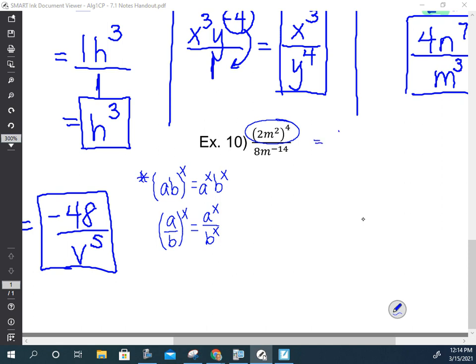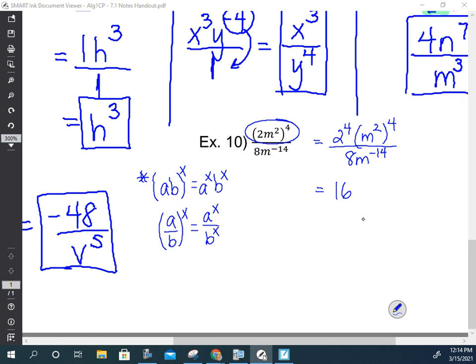So at the top you have 2 to the fourth, and then m squared raised to the fourth. Bottom we leave alone. So we work out the top. 2 to the fourth power is 16.